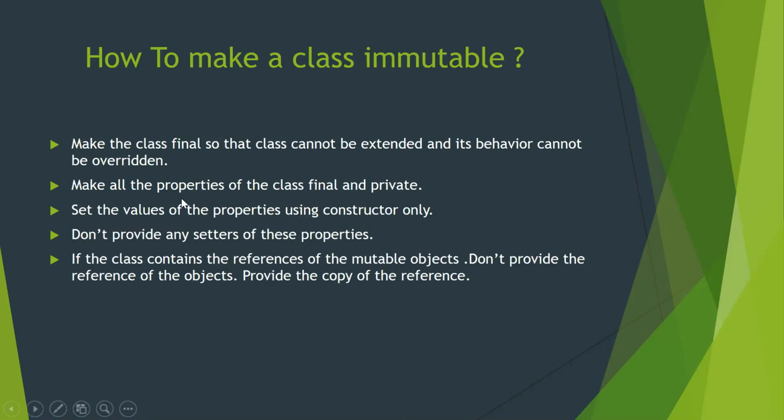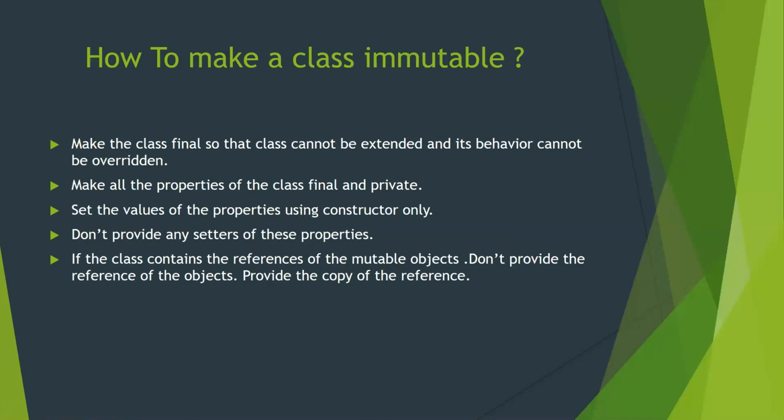Second point is make all the properties of the class final and private. This means that the properties can only be assigned when you're initiating the object. After that, you cannot change those properties. The third point is set the values of the properties using the constructor only. So the second point and third point are one and the same thing.